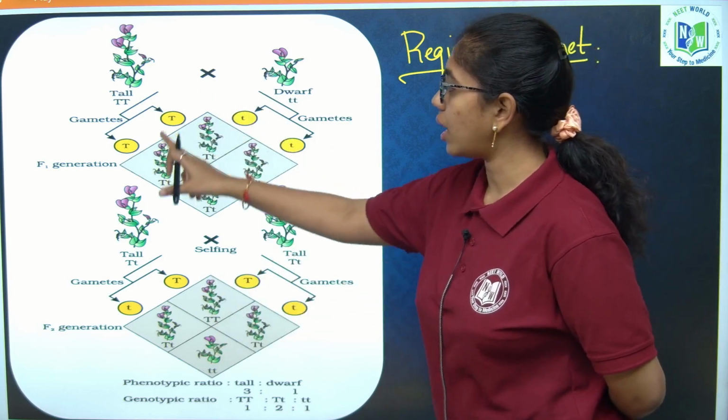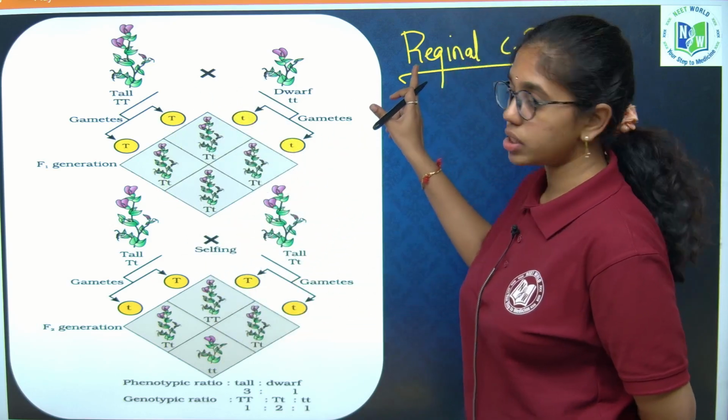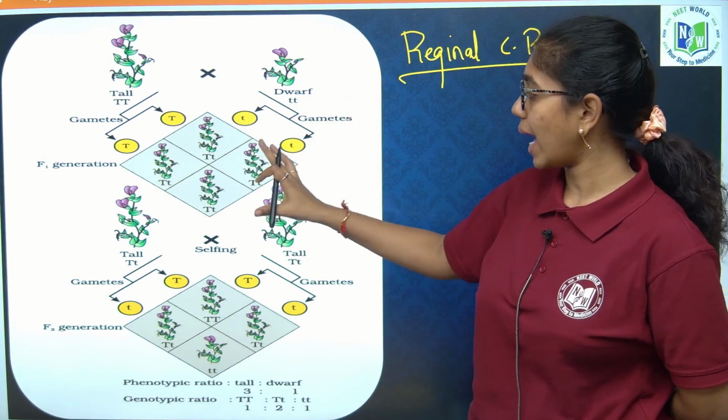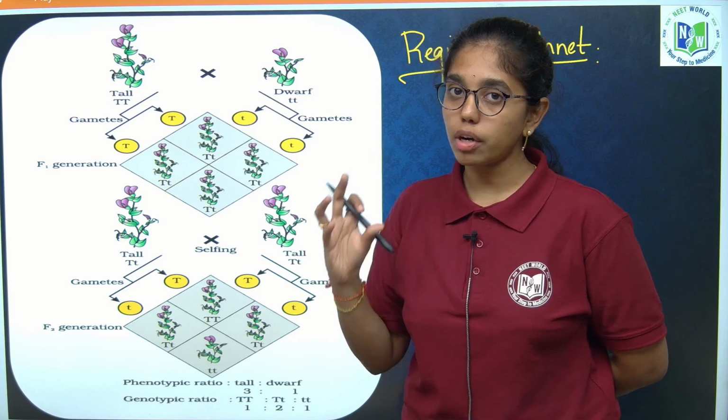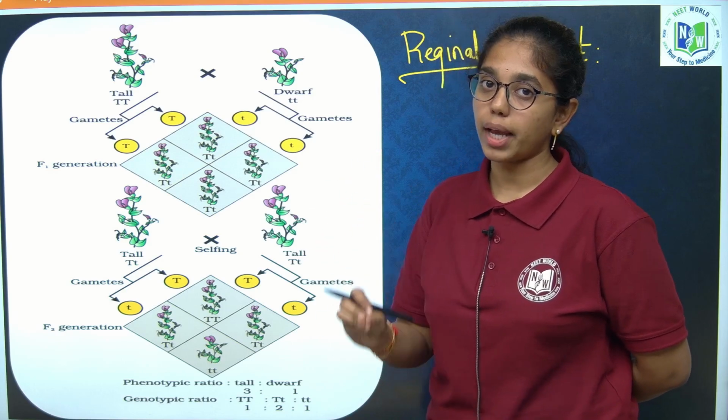This is called the Punnett square, discovered by Reginald C. Punnett, where we can analyze all the possible unions of gametes and take down the phenotypic and genotypic ratio.